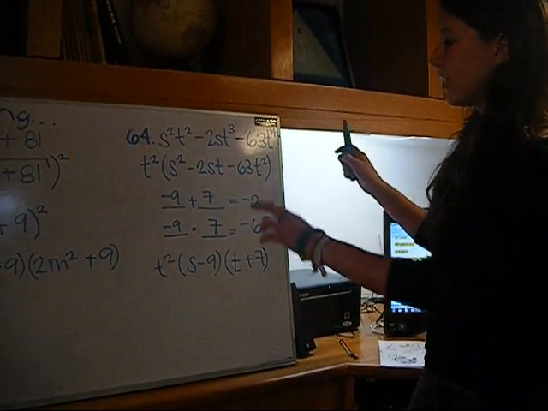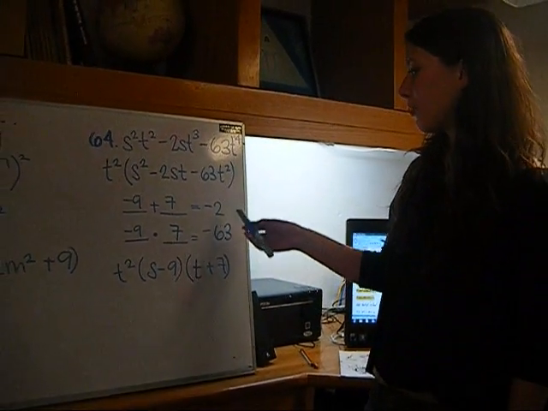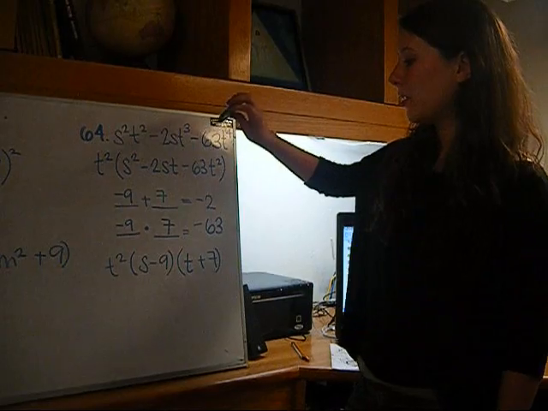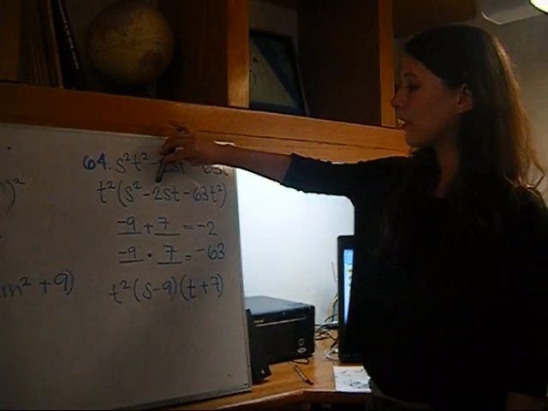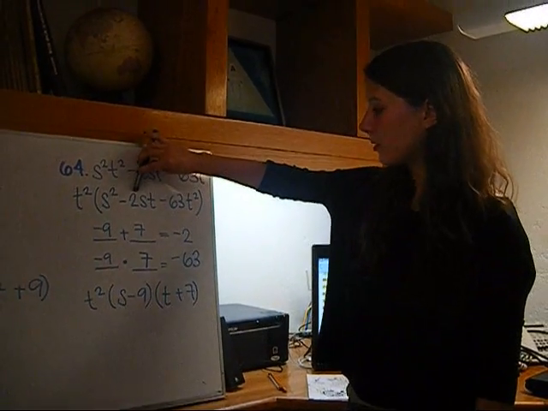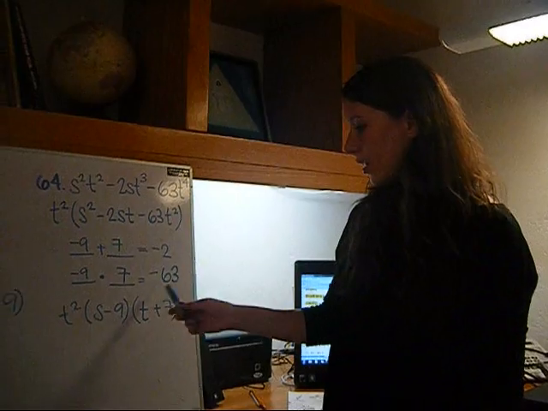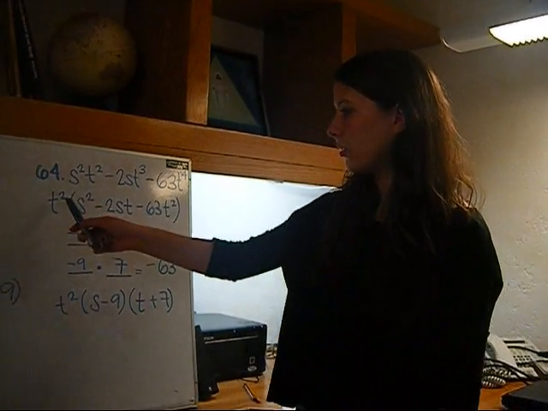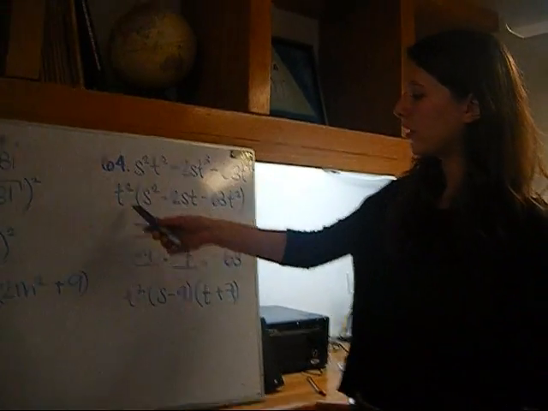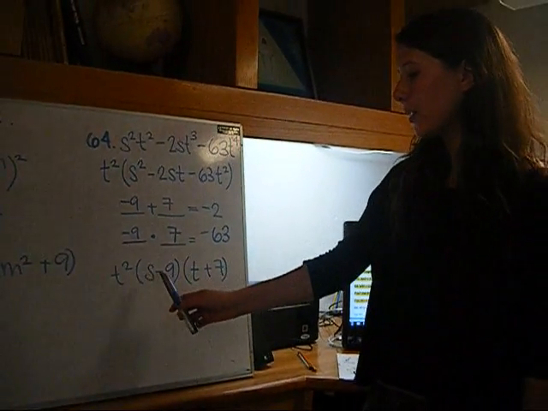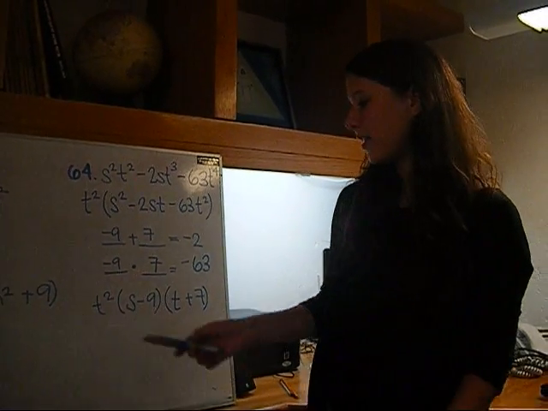We have to find two numbers that when they're multiplied, we're going to get negative 63, that is this one, and when you add them, it must be negative 2, that is this one. And those numbers are negative 9 and 7. So we're going to keep the common factor outside the parentheses as we did in here, that is t to the second power times s minus 9t times s plus 7t, and this is your final.